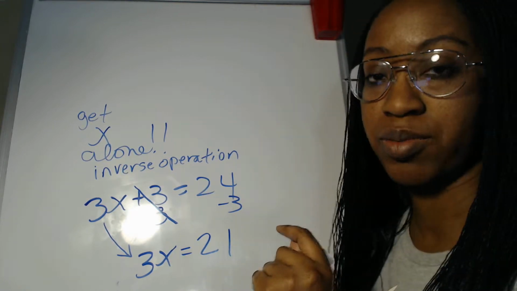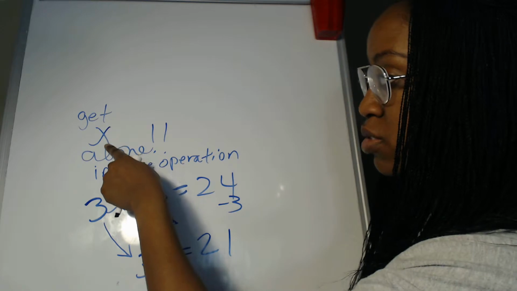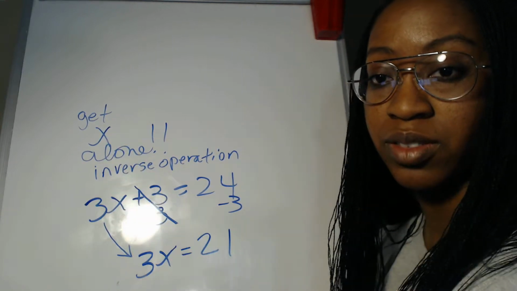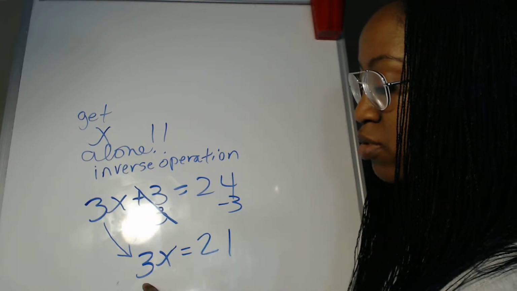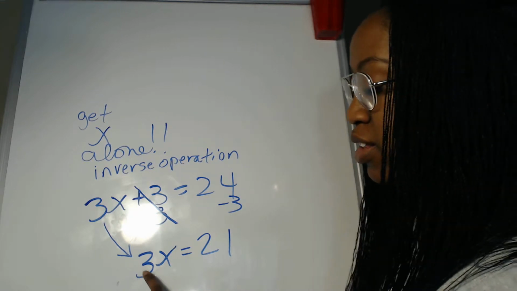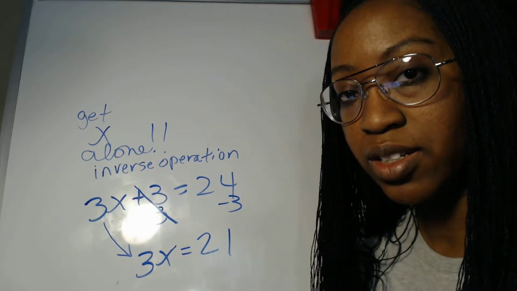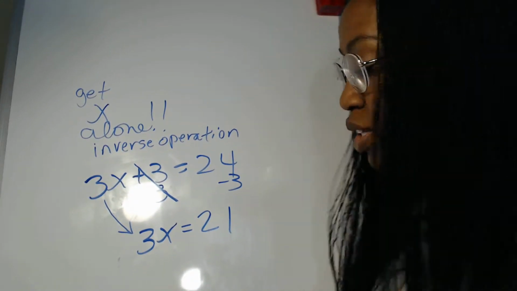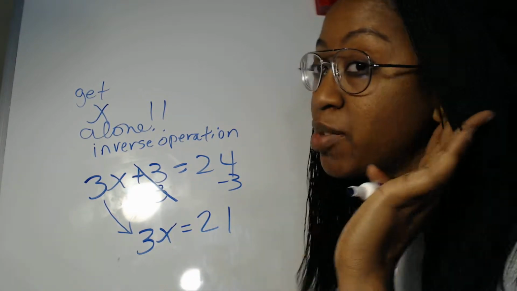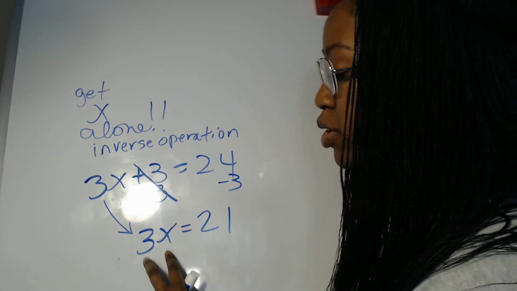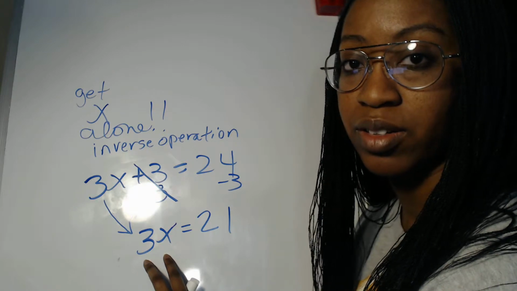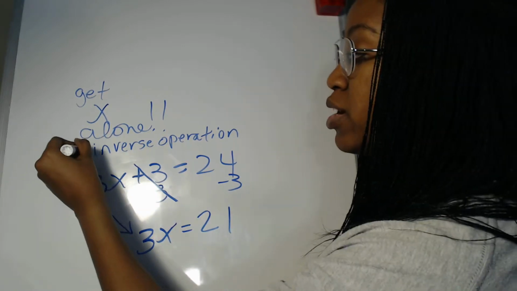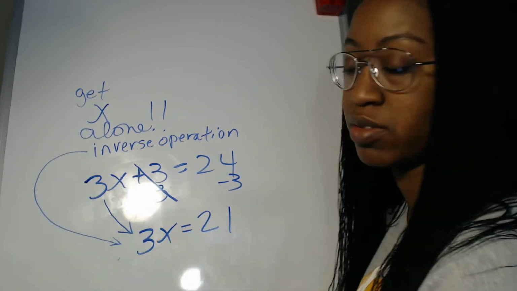Let's do the second step. Is x alone? No, we got to get x alone. Right now, she has a coefficient in front of it, a 3. What is the operation that the 3 is doing with the x? They are multiplying together right now. So we must do the inverse operation.